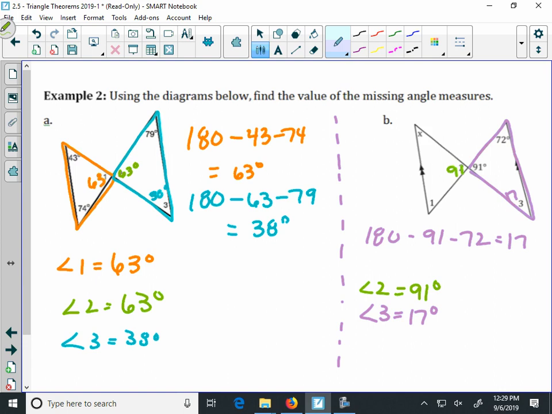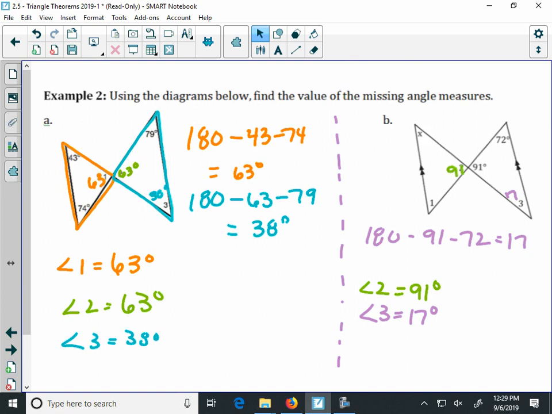I like your thought process there, Reese, with corresponding angles and thinking about parallel lines, because if you notice here, we have arrows on these lines. What do arrows mean again? Not perpendicular. Tick marks mean they're congruent.